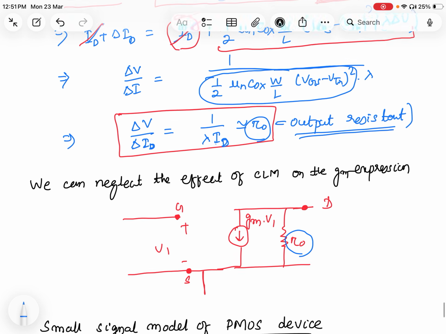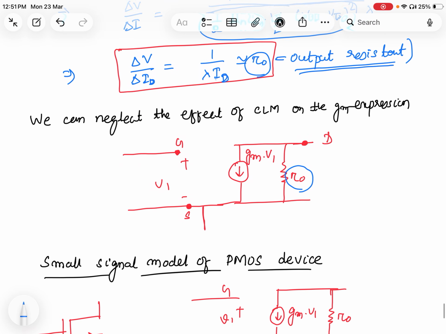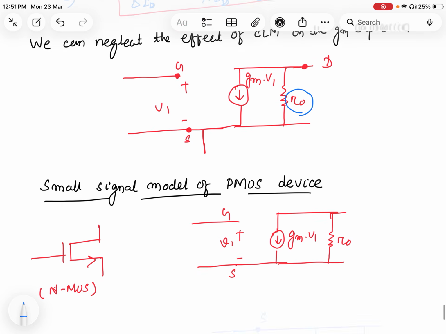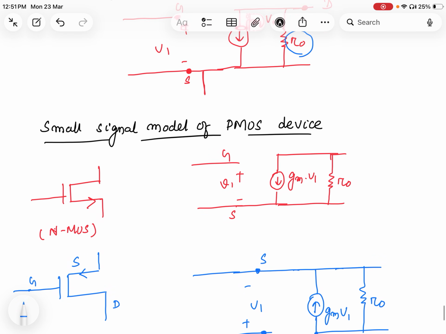So now, if I want to draw its small signal analysis by considering the channel length modulation, we only need to connect an output resistance parallel to the current source. Now, I have taken a small signal model for the PMOS device as well as for the NMOS device.